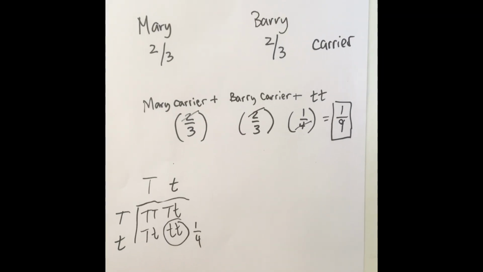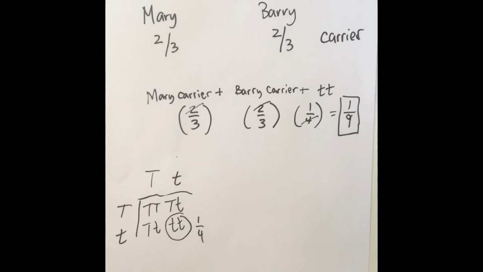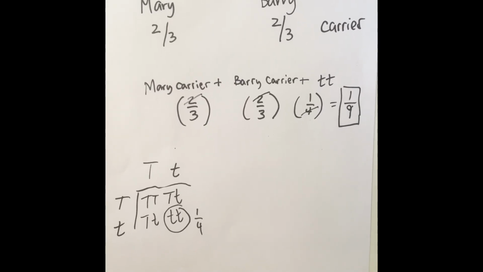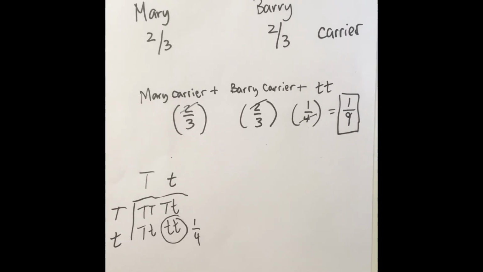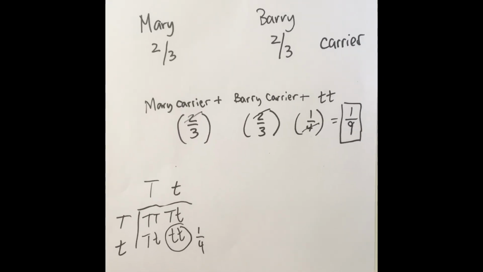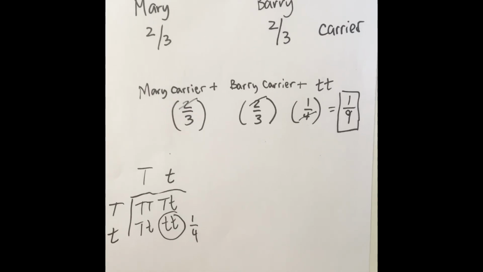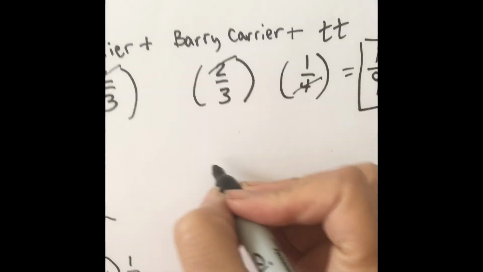Okay, so let's finish this off. The actual question is not the chances of having 1 child with thalassemia, but the chances of having 2 children with thalassemia. Unfortunately, unless one of them is cheating on the other, the odds are going to be the same for both children.